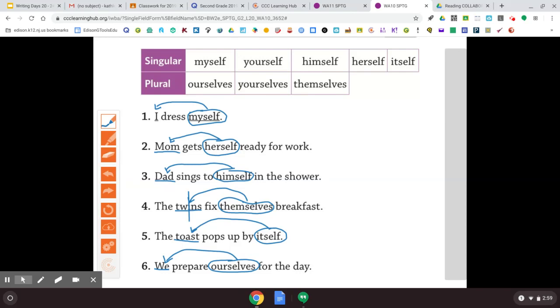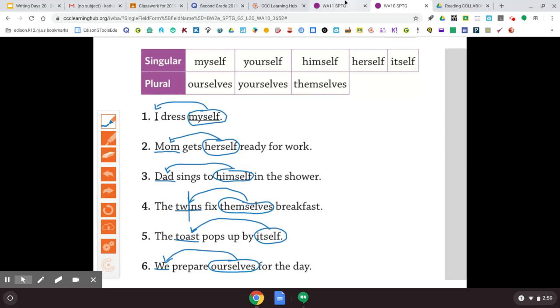So just like an object pronoun, a reflexive pronoun usually comes after a verb. It can come right after the verb or after a word such as to, by, at, or for.